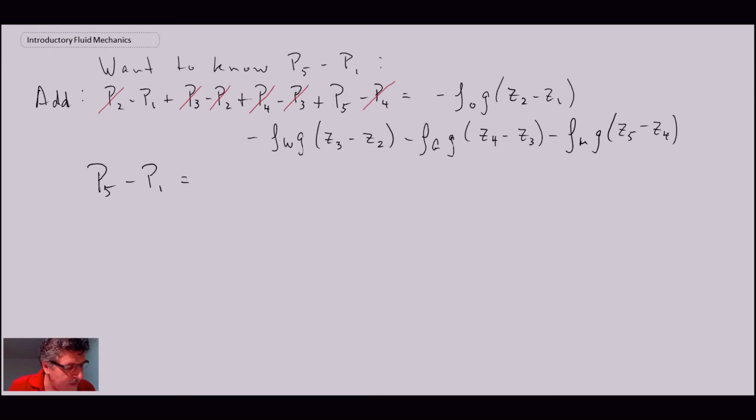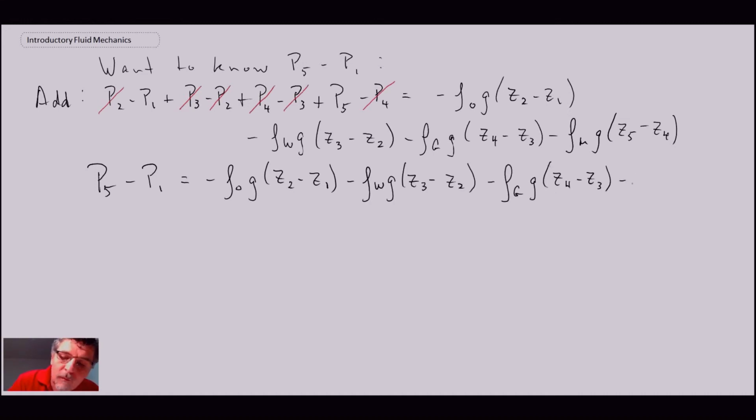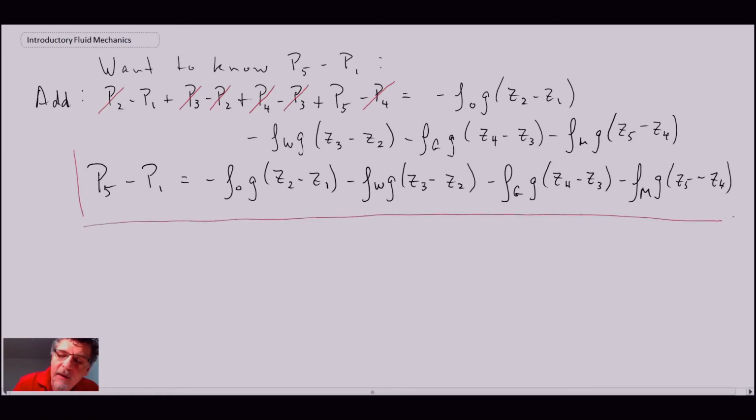For the right-hand side, there's no way to cancel out the terms, so we'll just explicitly write it all out. This then enables us to determine the pressure at 5, knowing the pressure at 1 on the surface.